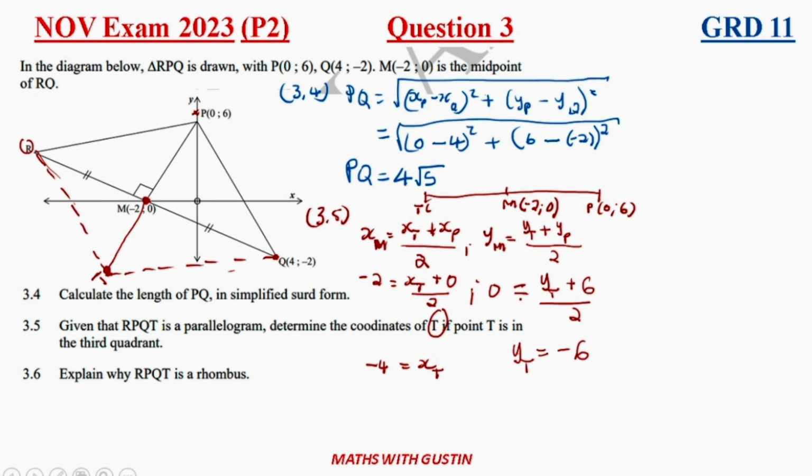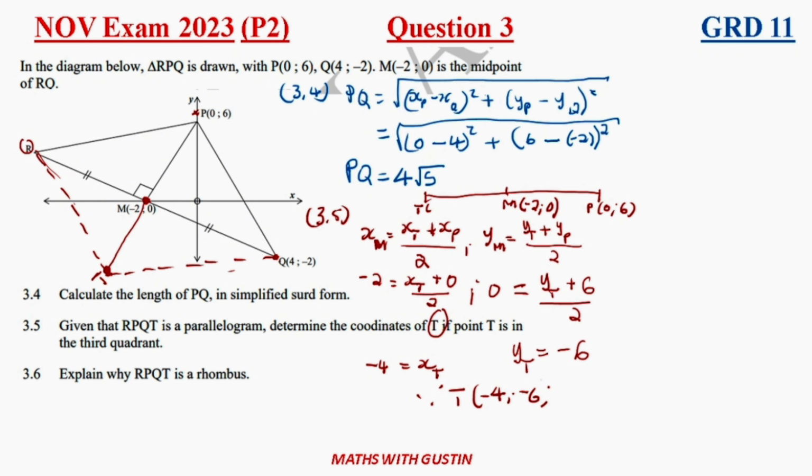So our y value in this case would be that. Which kind of makes sense, guys, because both the x and y here are negative. You can tell the examiner that therefore T will have to be (-4, -6).